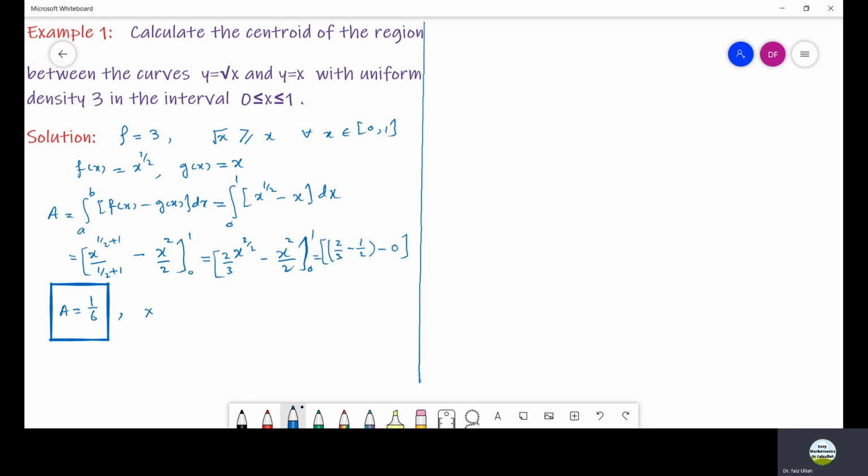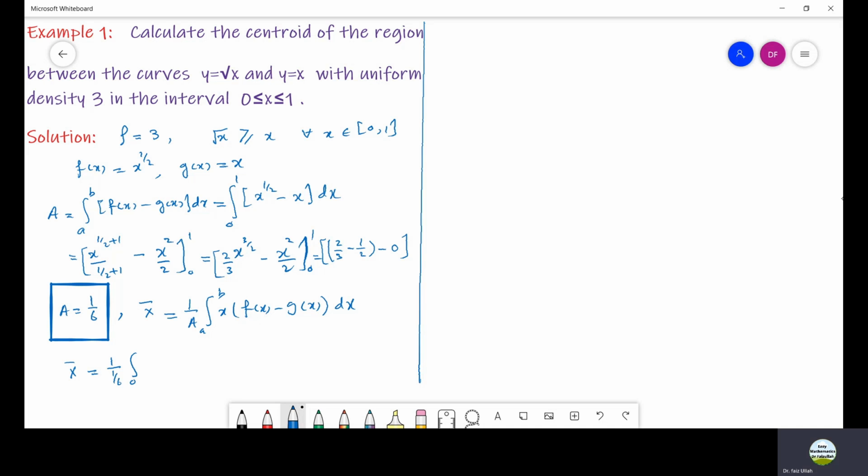Now to find the x coordinate of the center of mass, we know that x bar is equal to 1 over A, integration from a to b, x into (f of x minus g of x) dx. Let us use the values. We have 1 over A is 1 over 6.